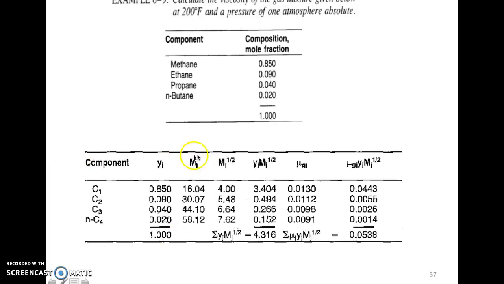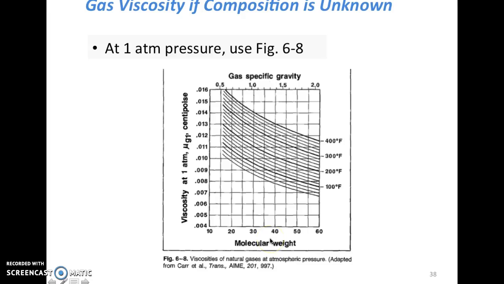We'll read this from appendix 1, the molecular weights, and then we calculate the square root of the molecular weights and multiply by the composition. We'll read the viscosity at atmospheric pressure for each component from figure 6.7, and then we calculate this function, and eventually we need to calculate the sigma of these two.